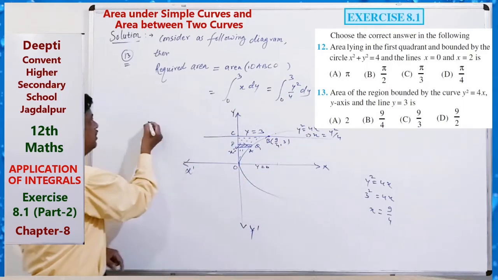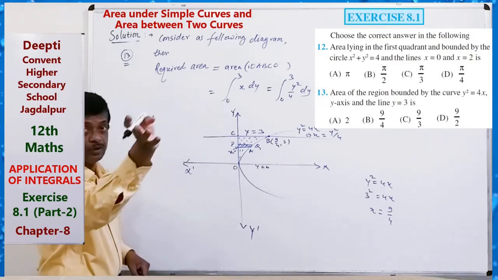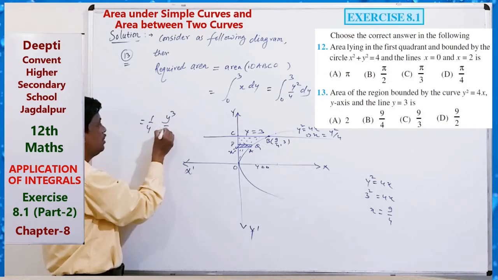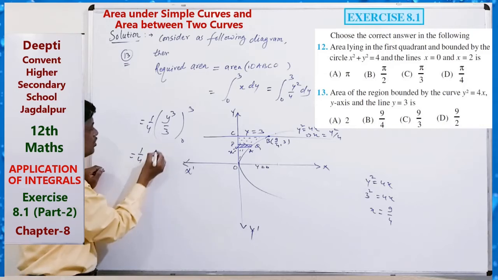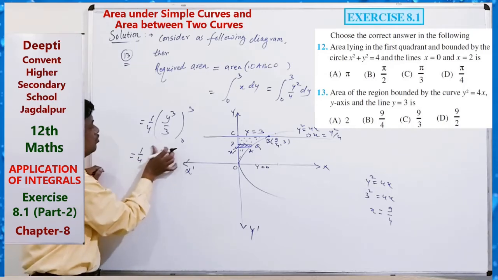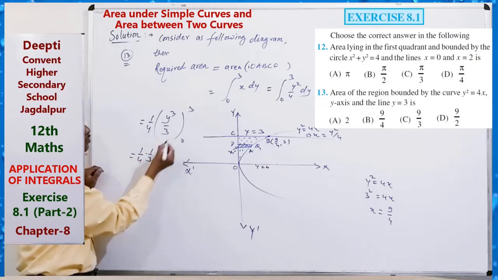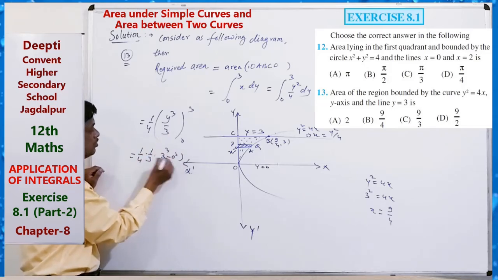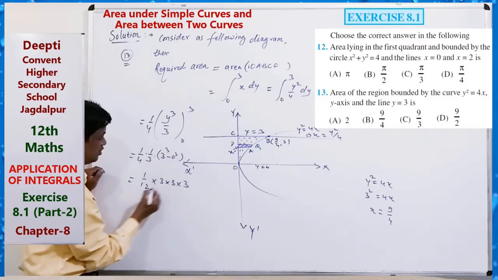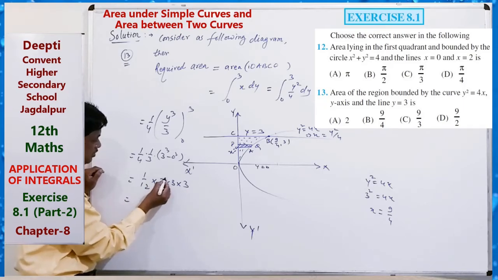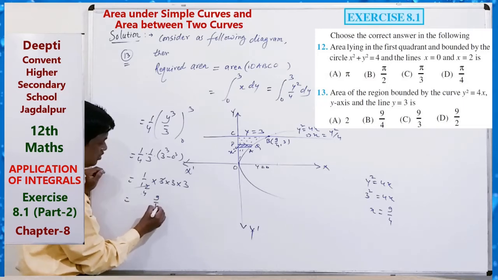Now we can solve it. 1 by 4 integral of y square dy, y cube by 3, with limits from 0 to 3. To solve, 1 by 4 times y cube means 3 cube, minus 0 cube, by 3. This is 1 by 12 into 3 into 3 into 3, so 9 by 4.